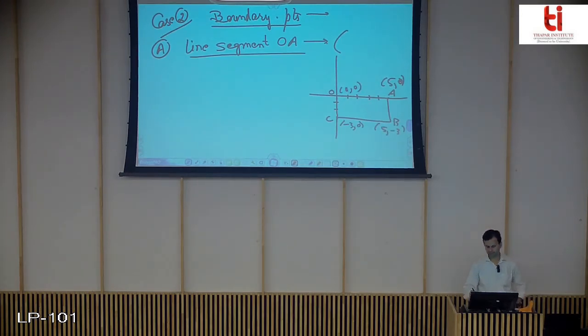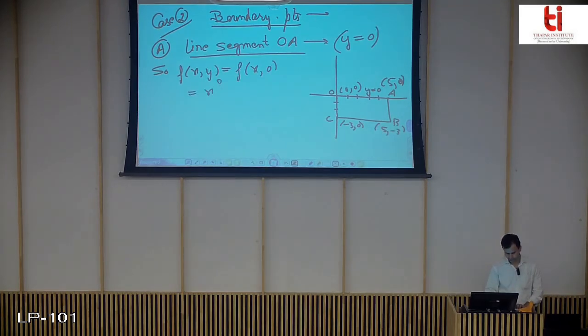So you can see this is your y equals 0 line. This is the line segment OA represented mathematically by y equals 0. So f(x, y) reduces to f(x, 0), and this gives you x squared minus 6x plus 2. This is your g1(x), a function of x where x lies between 0 and 5.